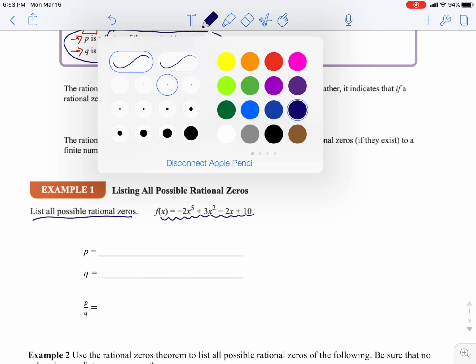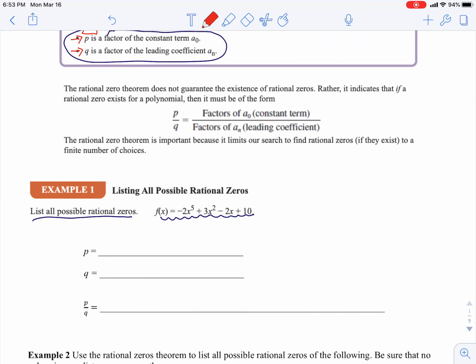So what we want to find is all the p's first. Remember, p's are the factors of the constant term. So the constant here is 10. So we're looking for factors of 10. Think of all the numbers that divide 10.